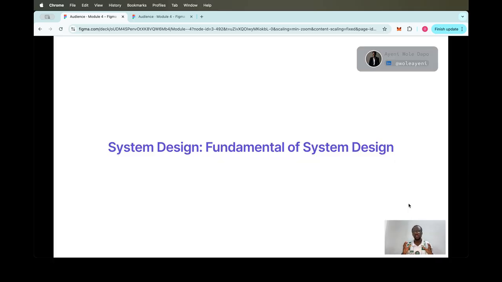To help you better understand the concept of system design, we've split this module into 5 major sections. First, we'll be looking at fundamentals of system design. This is where we'll be looking at what system design means and why it matters. Secondly, we'll be looking at core components of system design.